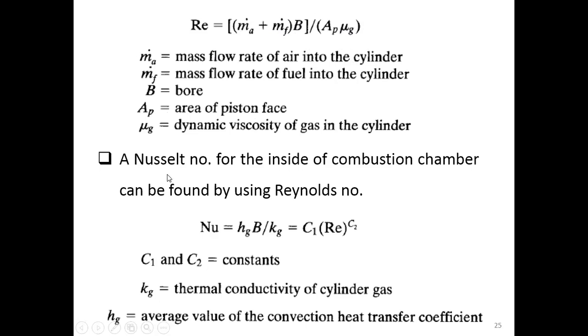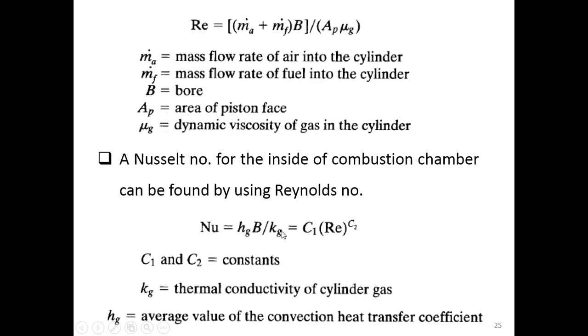How about the Nusselt number? The Nusselt number inside the combustion chamber can be found by using the Reynolds number, in which the Nusselt number is the constant C1 times the Reynolds number to the power of the constant C2. And by definition, the Nusselt number is h sub g, which we are looking for, times the bore of the cylinder, divided by the thermal conductivity of the cylinder gas.